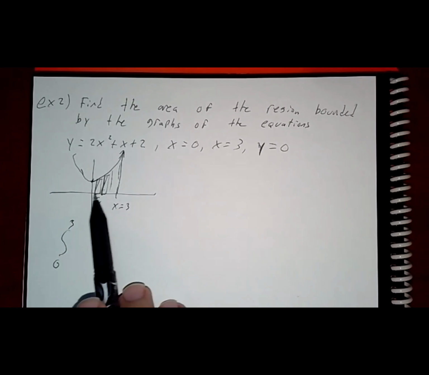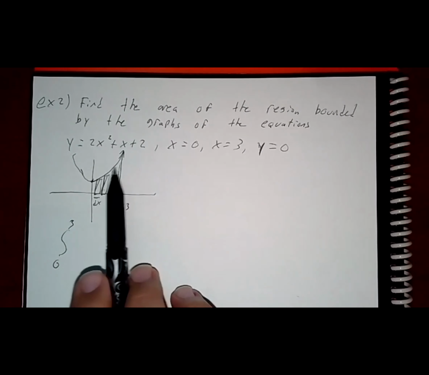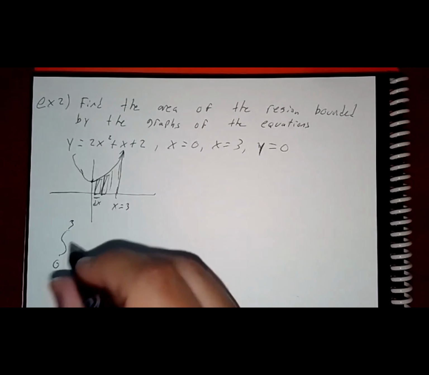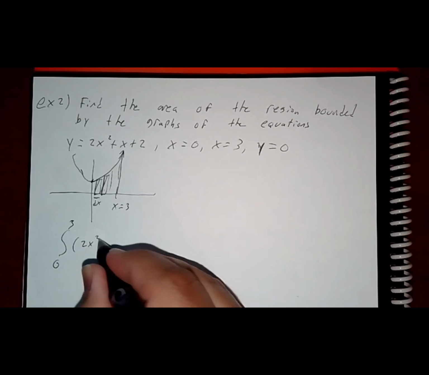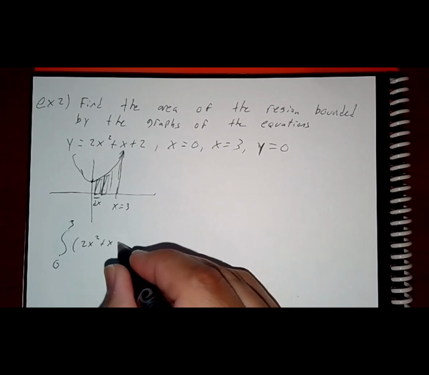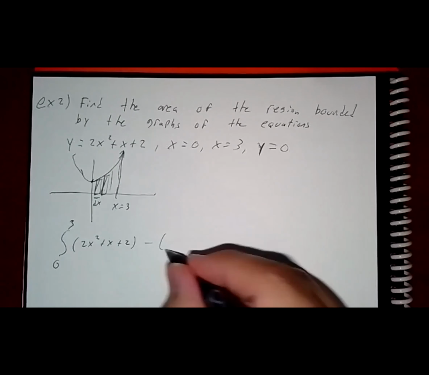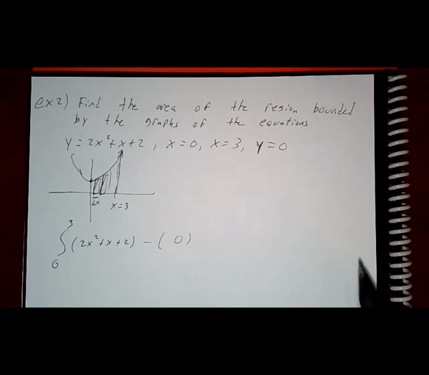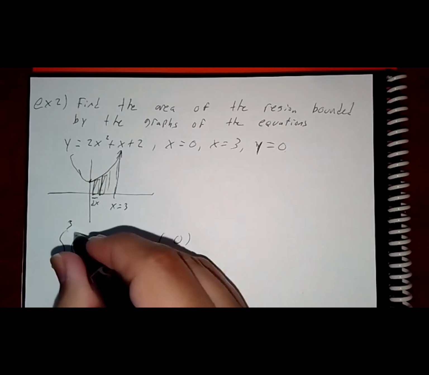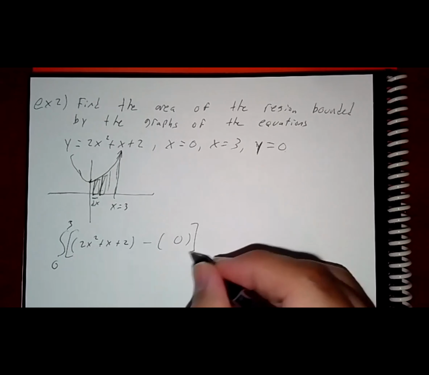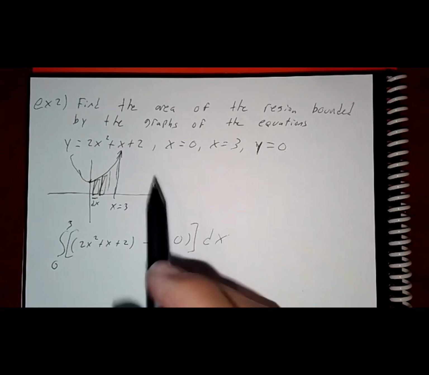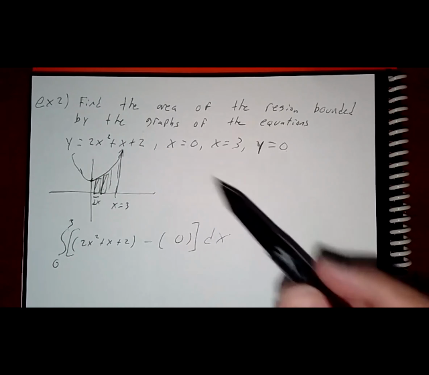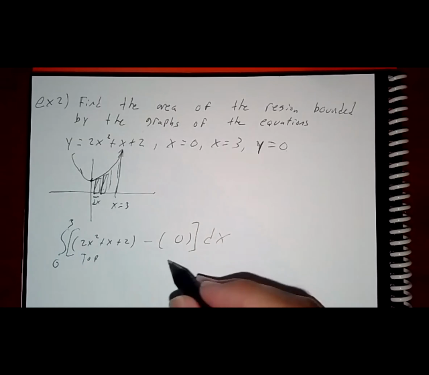The top function is the parabola minus the bottom function, which is y equals 0. That's the bottom, right? You agree with that? When you're integrating with respect to dx, you do the top minus the bottom.